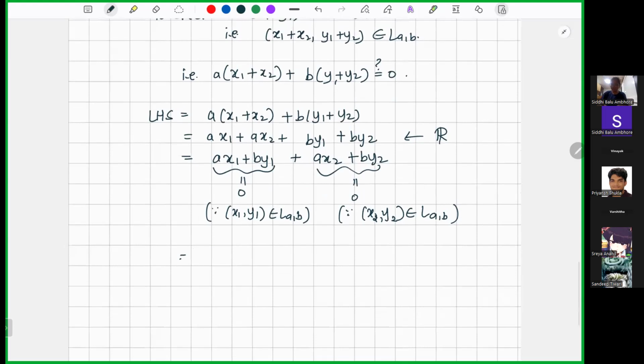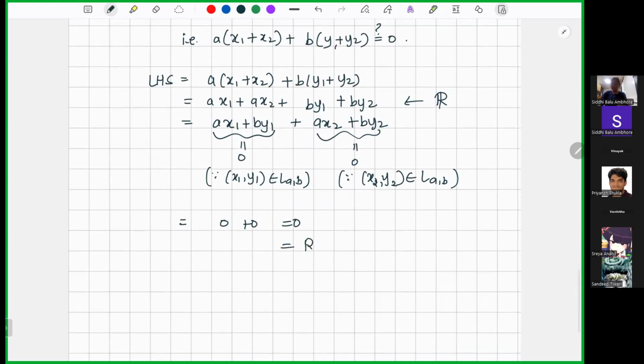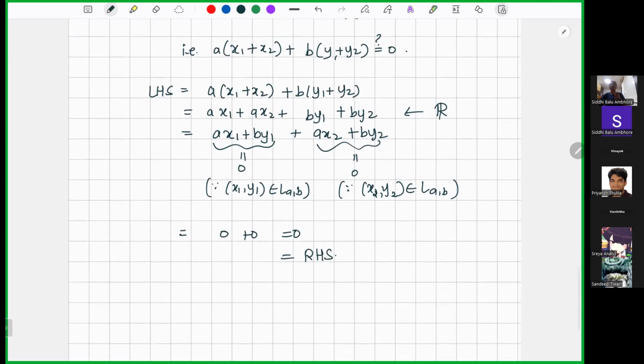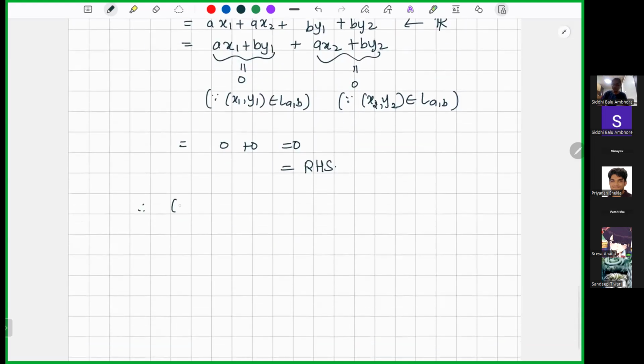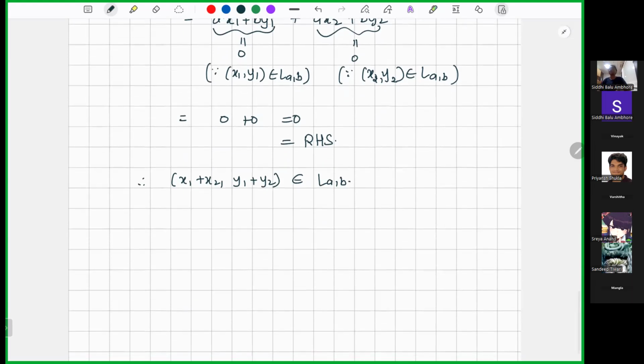So this is indeed 0 plus 0, and this is what we wanted to prove. Therefore this x1 plus x2, y1 plus y2 belongs to this set.